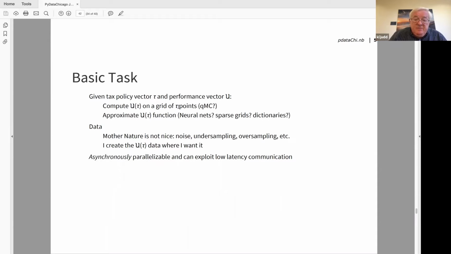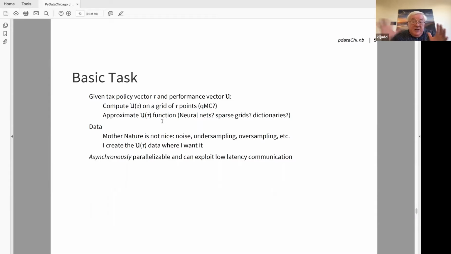What you do is you take a set of vectors, a set of taus, policy, and then compute these performance criteria on that grid, perhaps using quasi-Monte Carlo sampling, because there's going to be a multidimensional sampling grid. And then you take that data and you construct an approximation of this function that maps the policy to the performance criteria. And how do we do that? Well, we could use neural nets, sparse grids, dictionaries, shearlets, whatever. It's an approximation problem.